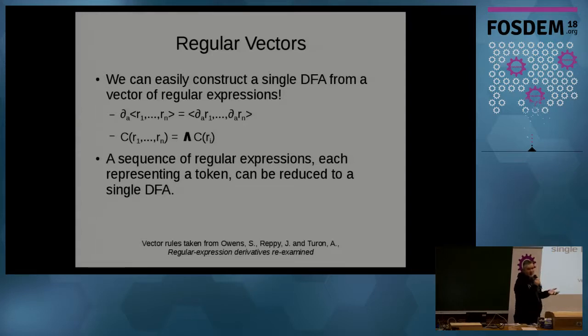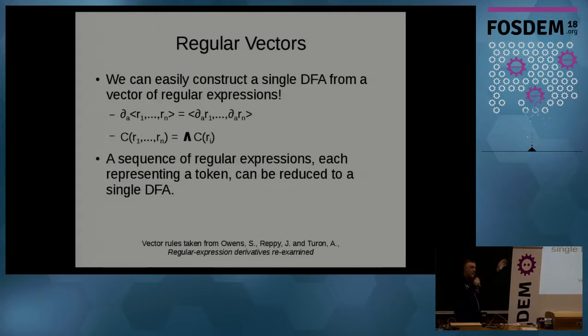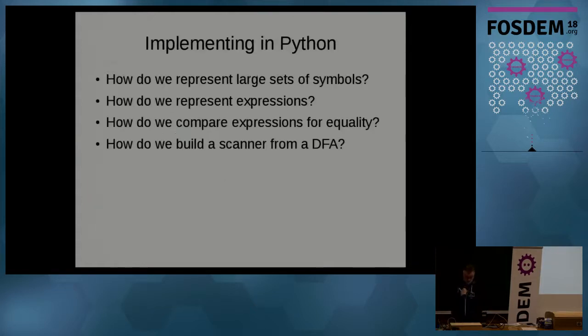So that's another state for us. And then the same thing with the derivative classes, we just intersect them all. So very simple idea, but now we can take a whole bunch of regular expressions and turn them into a single DFA. And this is exactly what we need if we want to do tokenization. So let's go and see what it looks like in Python.